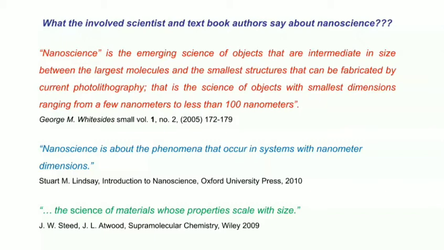Okay, Steed and Atwood in 2009 in the journal Supramolecular Chemistry say it is the science of the material whose properties scale with size. So you have some material, and if it's changing its properties with its size, then we can deal with this material as a nanomaterial.